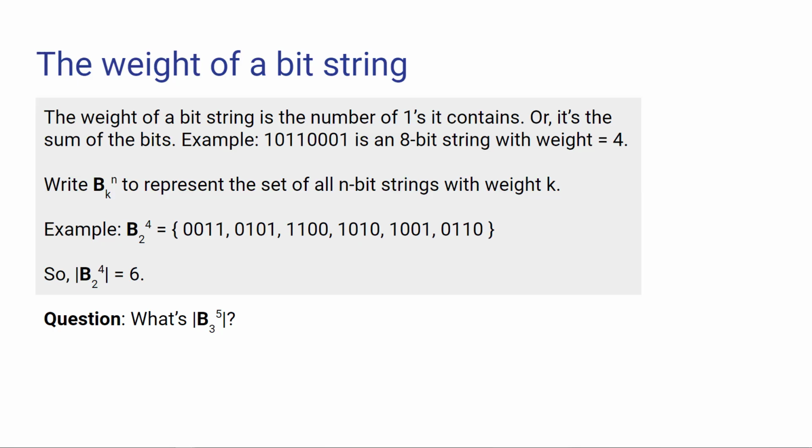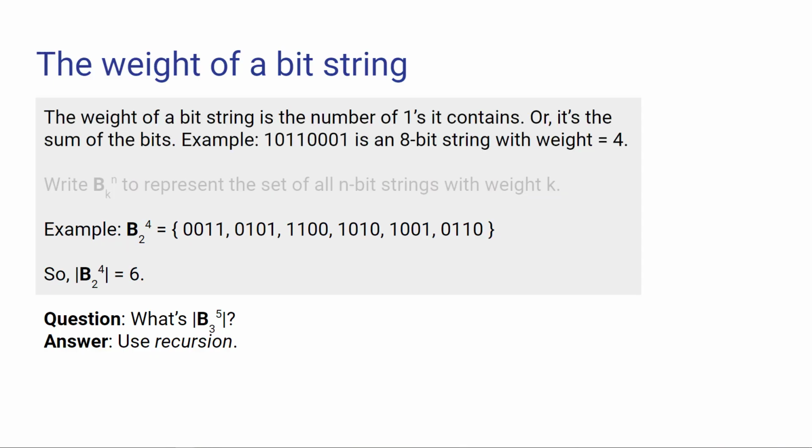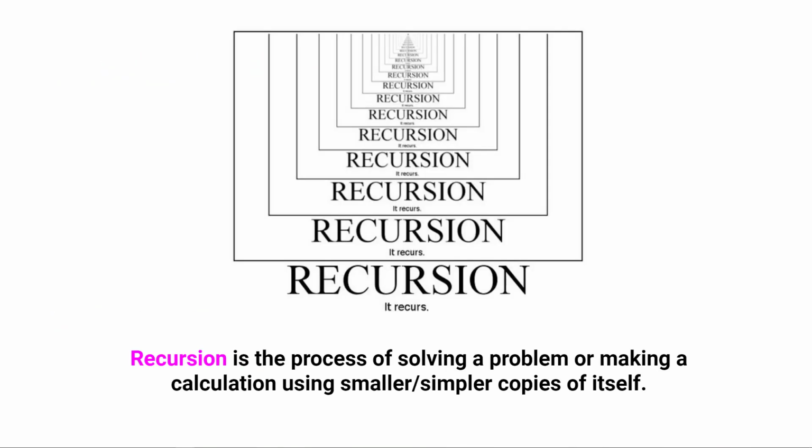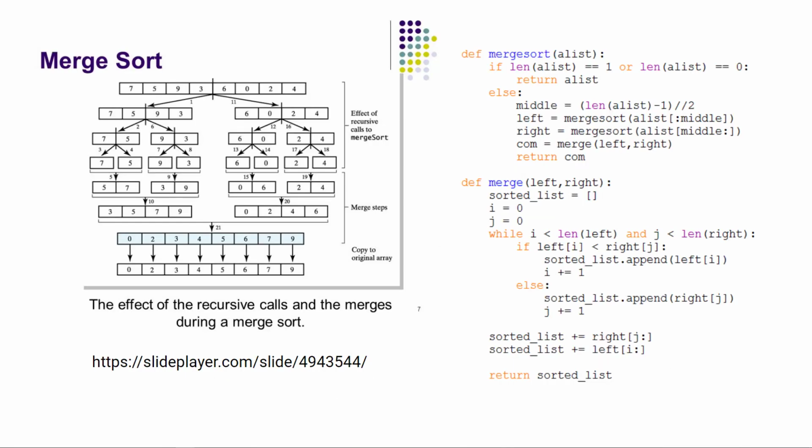So instead, we're going to introduce a powerful concept used throughout computer science to solve problems: recursion. Recursion is the process of solving a problem by reducing it to smaller or simpler copies of the same problem that eventually terminate in a starting condition. Recursion is used in many real applications, for example, sorting algorithms.